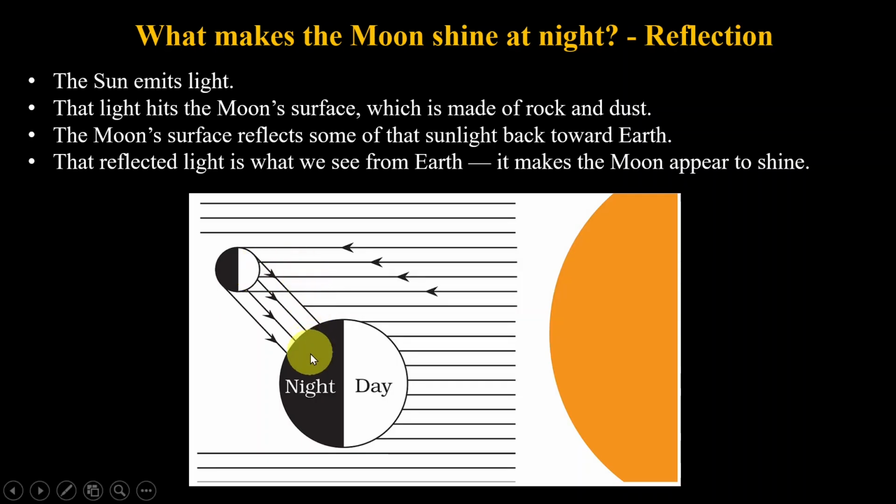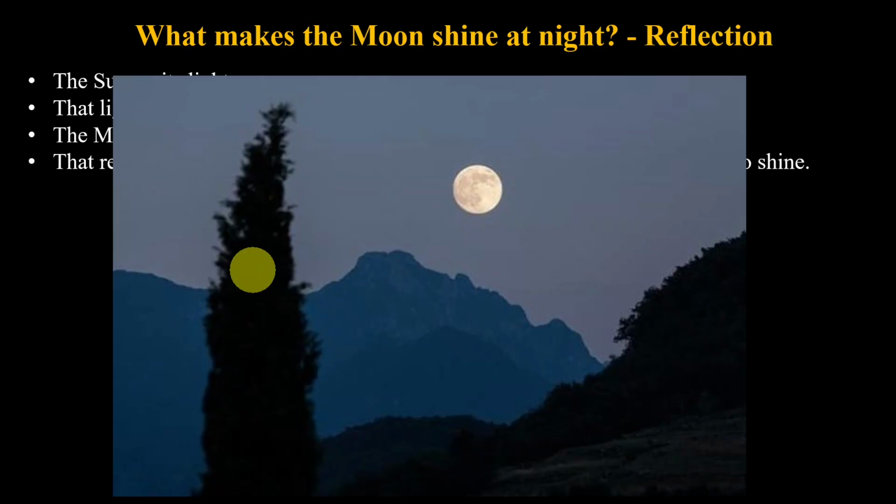And at night time, we see the moon as either the full moon or quarter moon or crescent moon, different kinds of moon phases. So this is what we see. Look at this moon here.